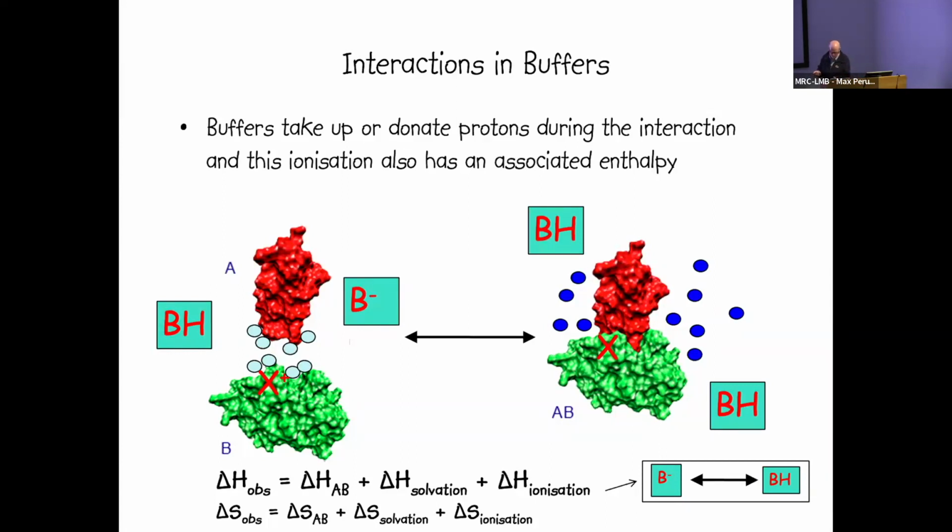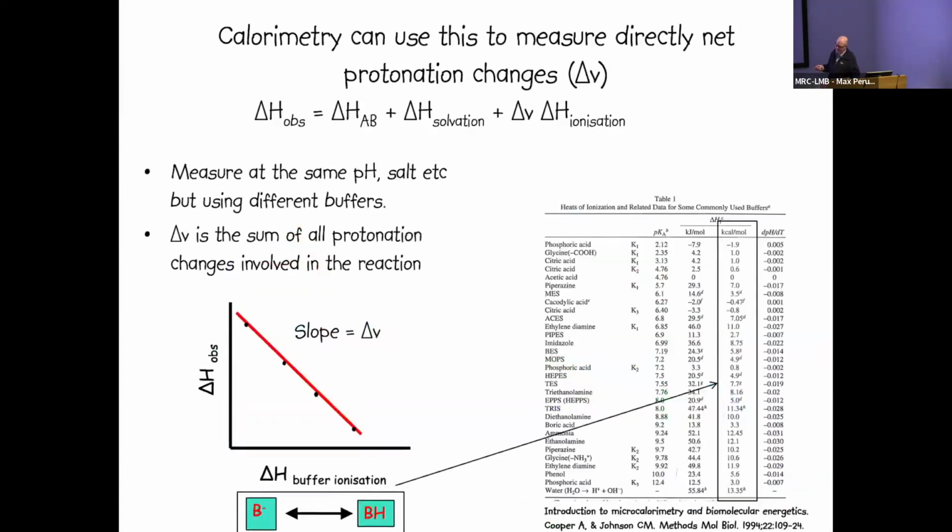One thing that this does give us, though, is that calorimetry can be used to measure very directly the net protonation changes during some interaction that we're interested in. This is because if we perform the measurements in buffer, there's an associated enthalpy of ionization of buffers, and these here, for example, are well tabulated.